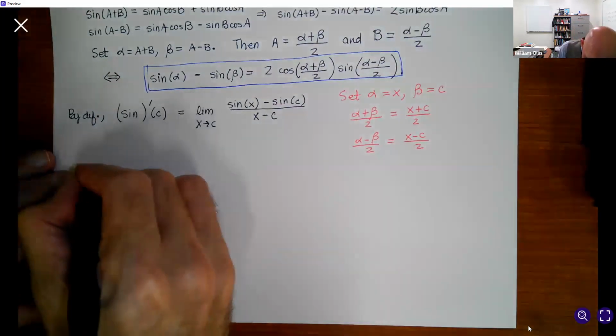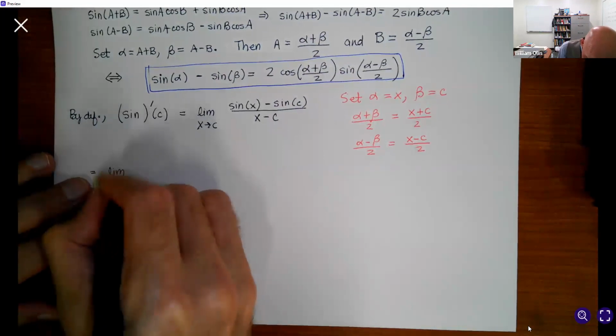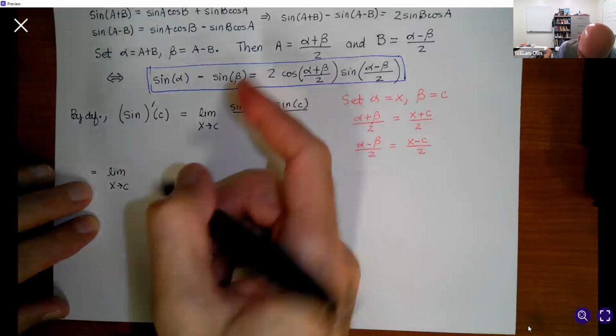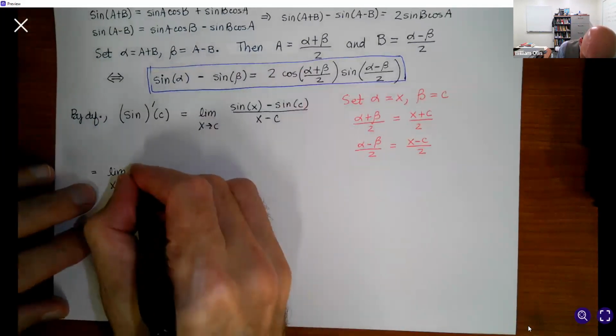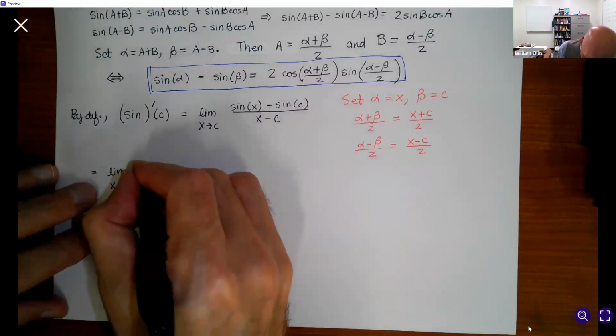So we have this equals the limit as x approaches c of 2, and we'll still put the x minus c down there, we have room for it.